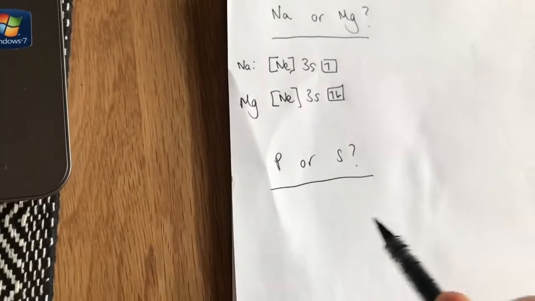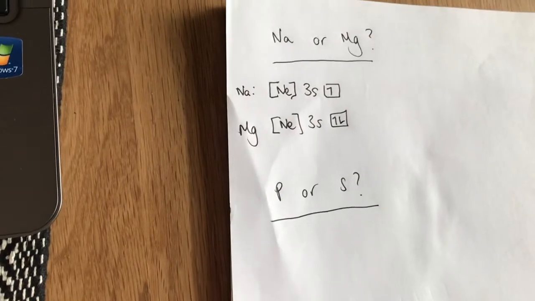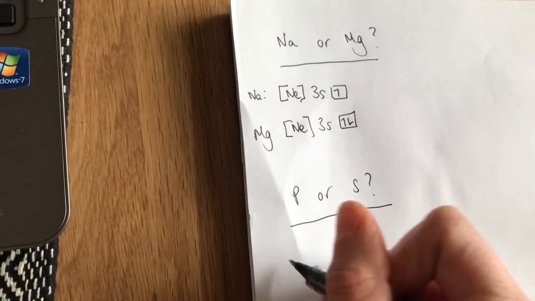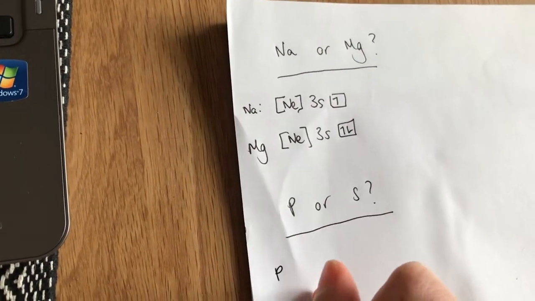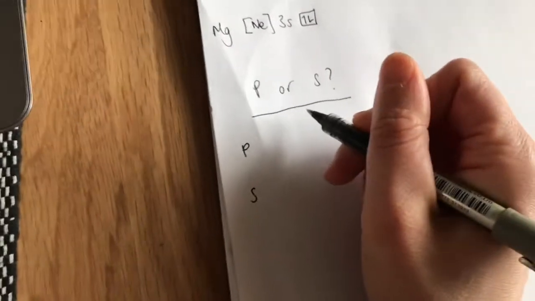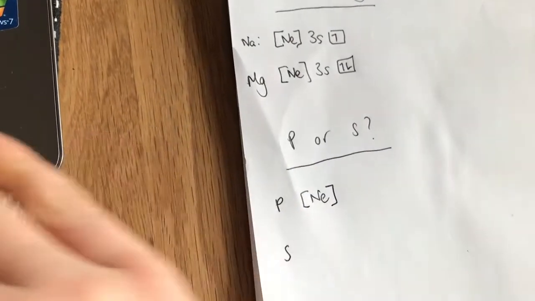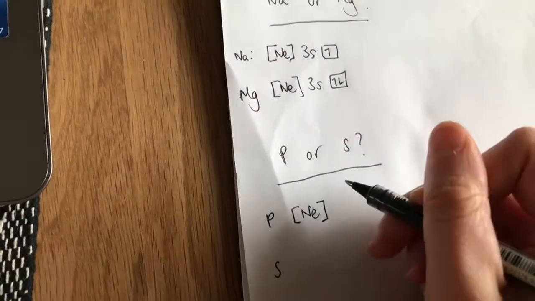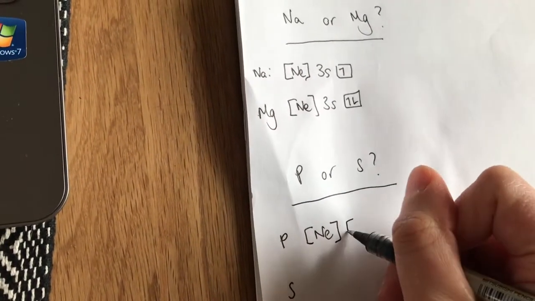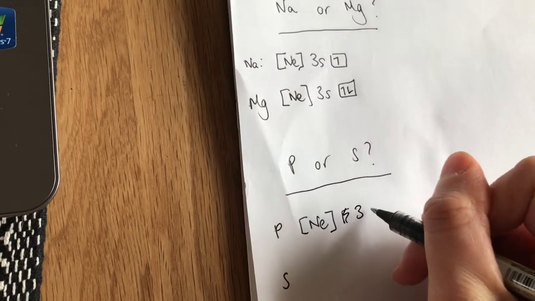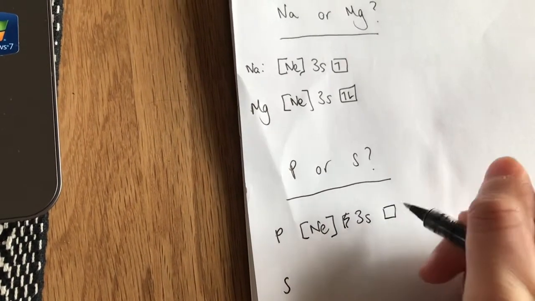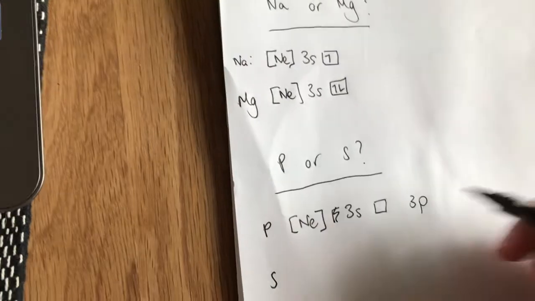However, with phosphorus and sulfur, I think again it helps just to draw out the electron configuration. So starting with neon again, phosphorus has 15 electrons. Let me just draw it like I did before. We've got the 3s and then we've got the 3p.